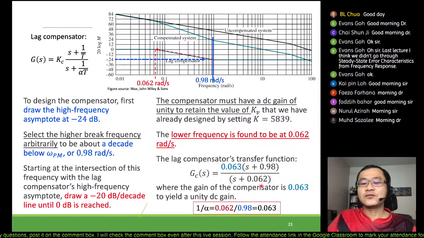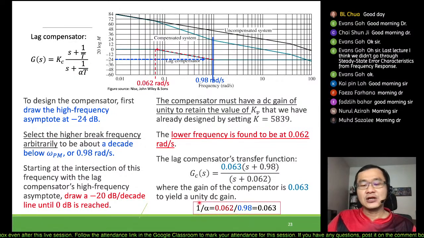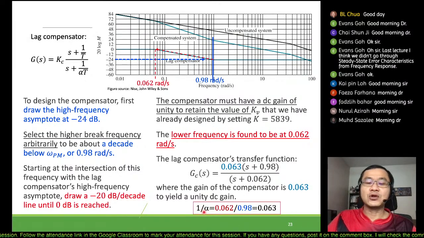So eventually we can recalculate to get 1 over alpha, which is 0.063, and this 0.063 would be this value.